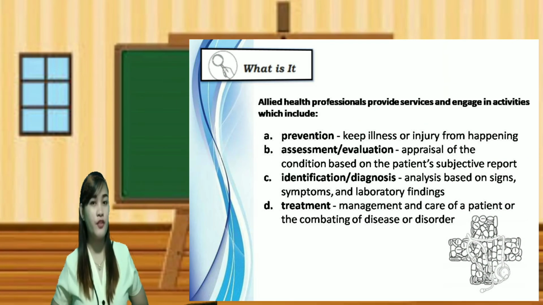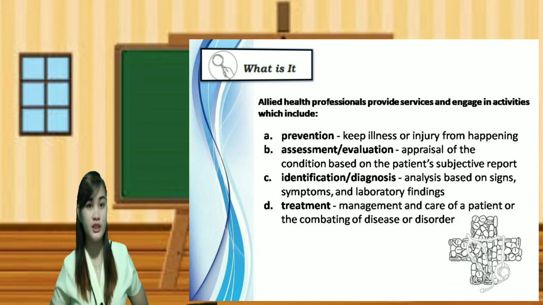Allied health professionals provide services and engage in activities which include: first, prevention, keeping illness or injury from happening. So let me say prevention is better than cure. Next, assessment or evaluation, an appraisal of the condition based on the patient's subjective report.